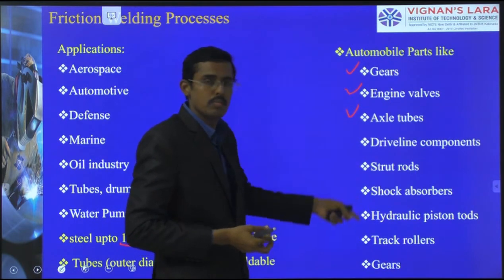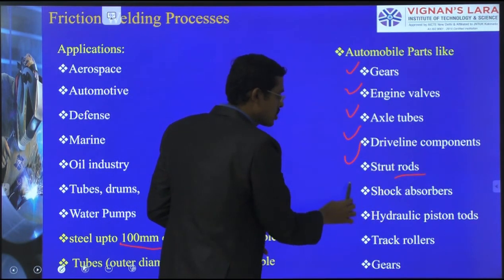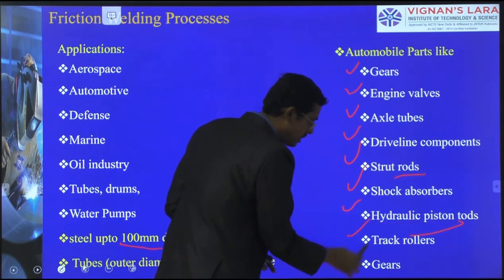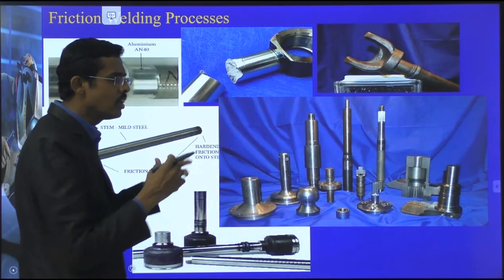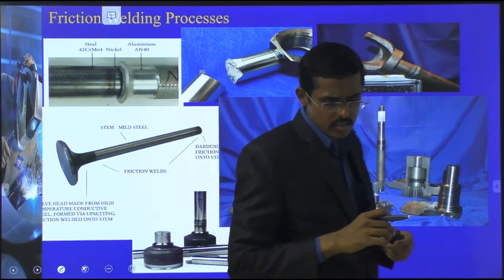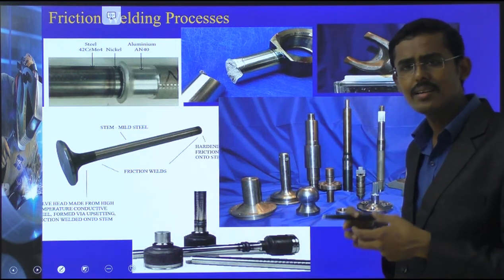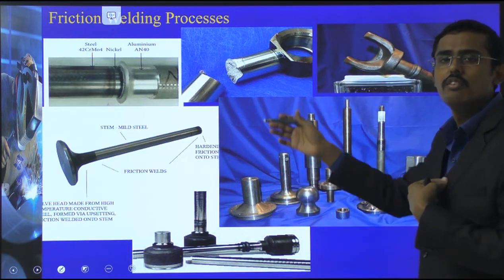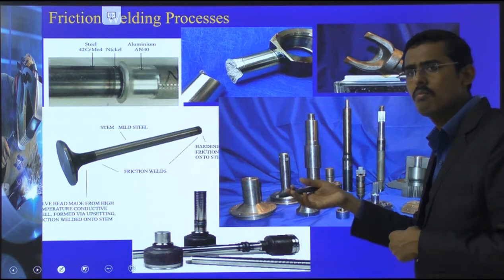Driveline components, stud rods, shock absorbers, hydraulic pistons, track rollers, gears can be welded. Have a look over these images, which contain many rod-type specimens which can be welded by the friction welding process, maybe pipes or rod bar types.